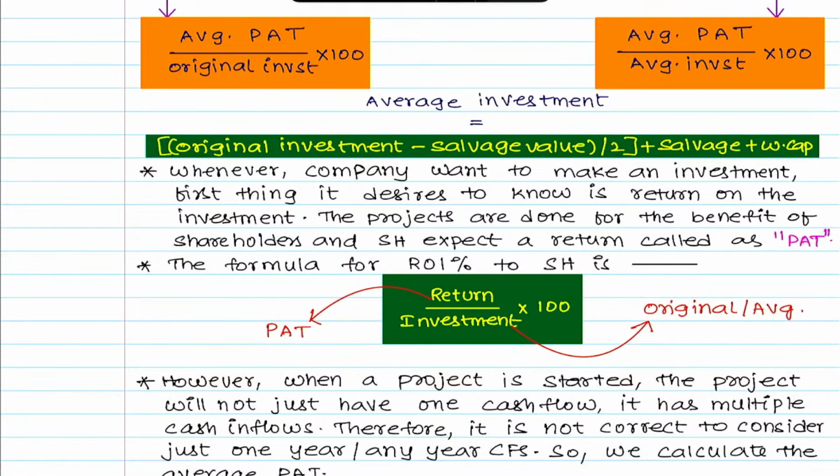Below one, write the original investment. Average investment is equal to original investment minus salvage, divided by 2.